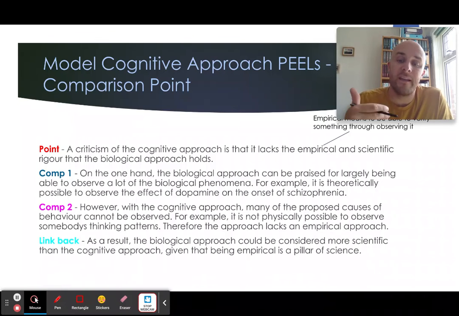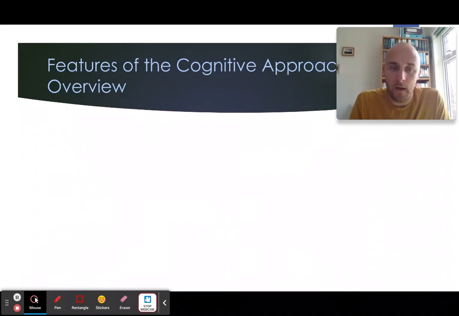For example, it is not physically possible to observe someone's thinking pattern yet. Therefore, the approach is not empirical. It's a good term to use, actually, empirical. Empirical means to be able to physically observe something. The cognitive approach is not empirical, therefore it's not scientific.